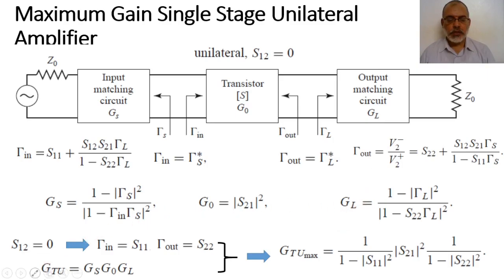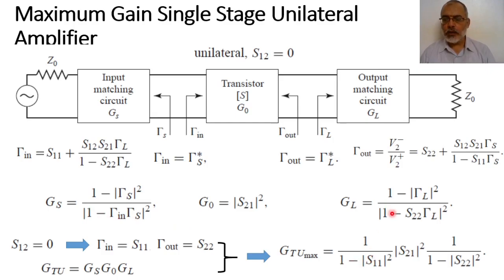So the transducer gain is GS multiplied by G naught multiplied by GL. By taking into consideration that gamma in is S11 and gamma source for maximum gain is gamma in conjugate, so S11 conjugate, S11 multiplied by S11 conjugate would be 1 minus the magnitude of S11 squared.